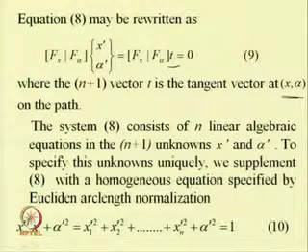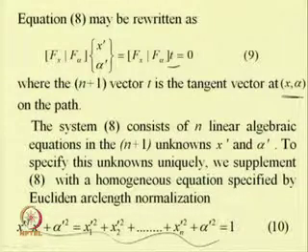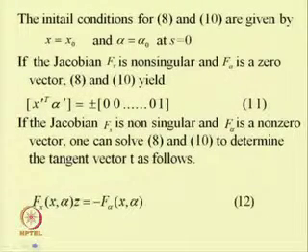So, one can do this normalization by using the equation x dash transpose x dash plus alpha dash square equal to 1. That is, x 1 dash square plus x 2 dash square plus up to x n dash square plus alpha dash square equal to 1. Then the initial conditions for 8 and 10 are taken as x equal to x 0 and alpha equal to alpha 0 at s equal to 0.